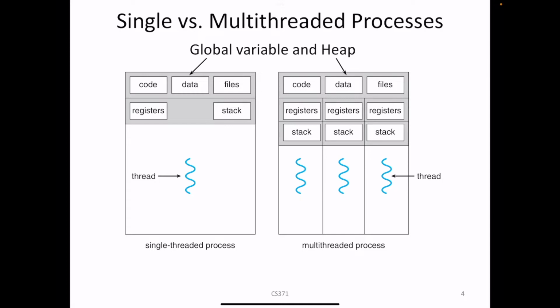On the other hand, the right side of this slide shows you the multi-thread process. You can see that it has the same structure. The code, data, files, and heap belong to the process. Those parts do not need to be duplicated in multi-threaded processes because they can be shared among different threads.